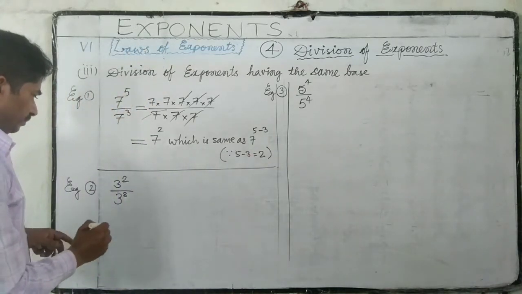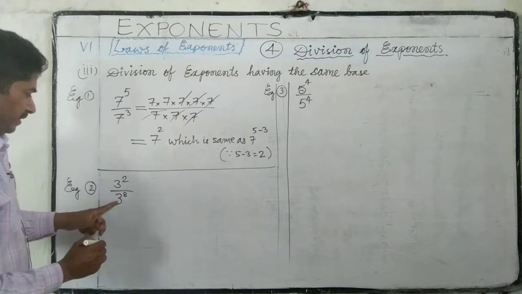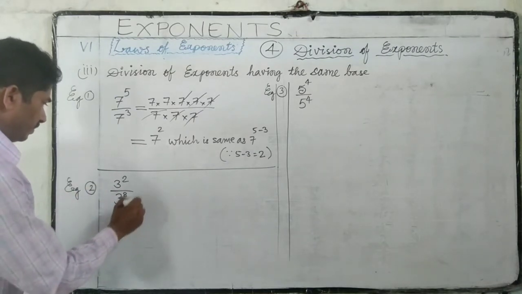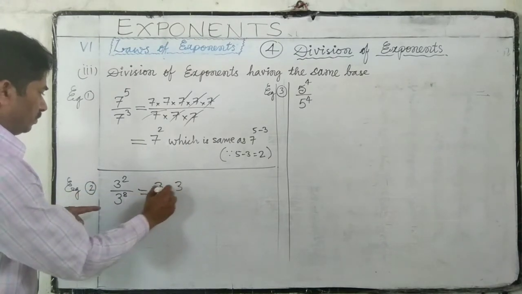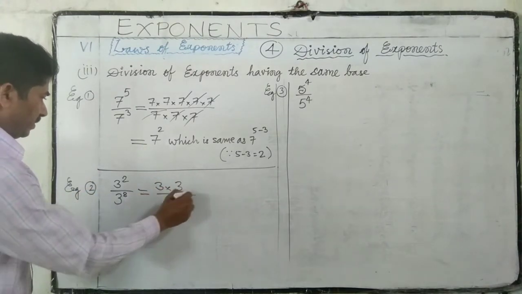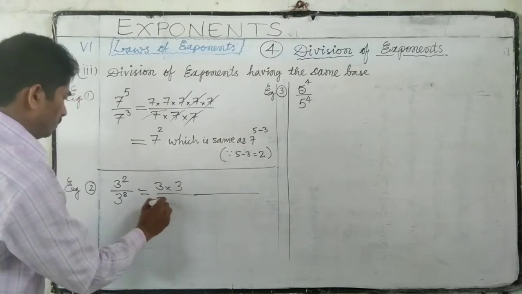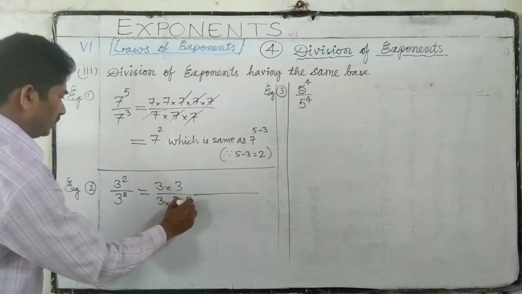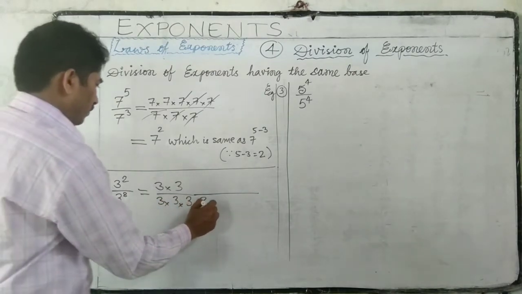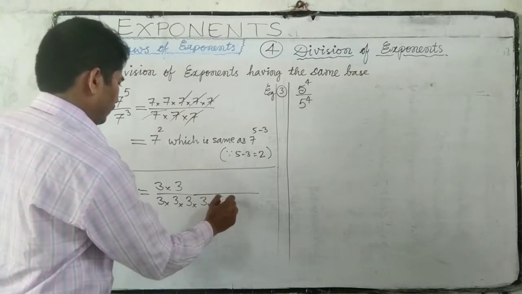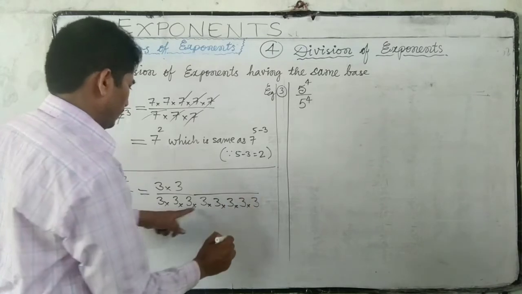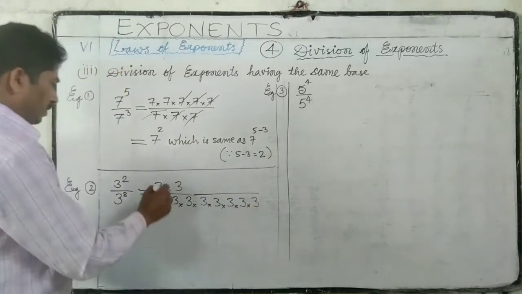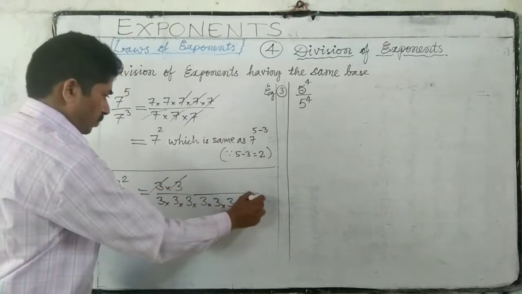Next, 3 square by 3 to the power of 8. 3 two times, and 3 eight times: 1, 2, 3, 4, 5, 6, 7, 8. So 8 times, 1, 2 cancel with 1, 2.